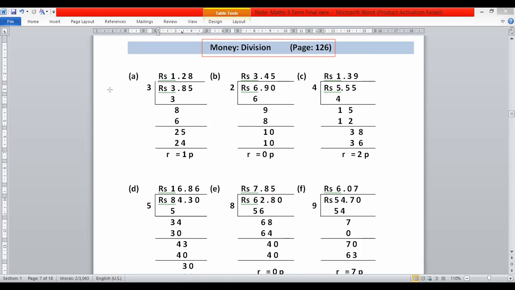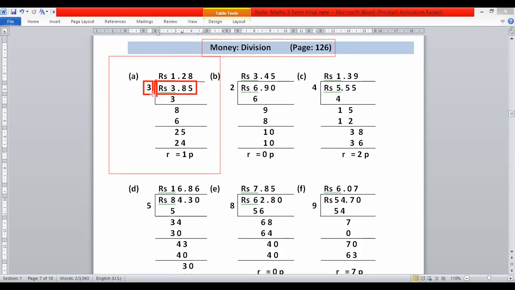Look at part A. The question is RS 3.85 divided by 3.